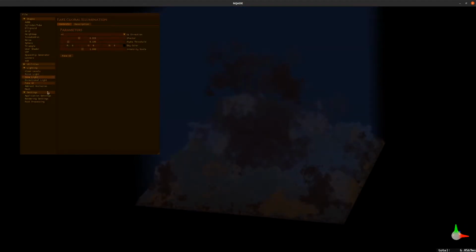Then the fake global illumination is a little bit more complicated. The idea is you've got this whole volume, which is basically a three-dimensional grid. Each slice is like an image, if you were to chop out one slice in the middle of the volume.